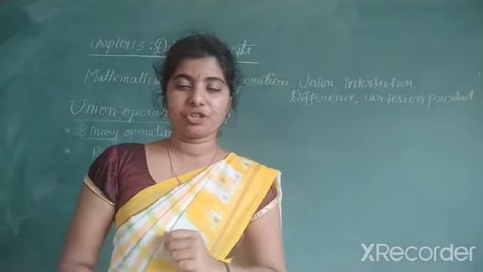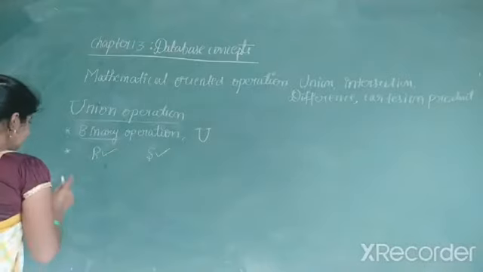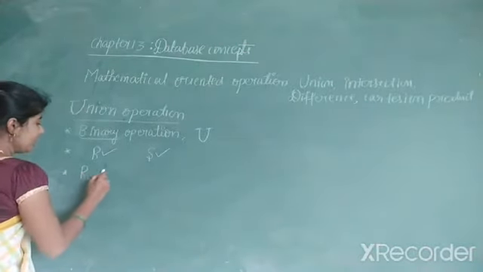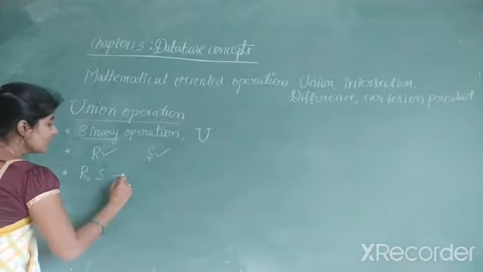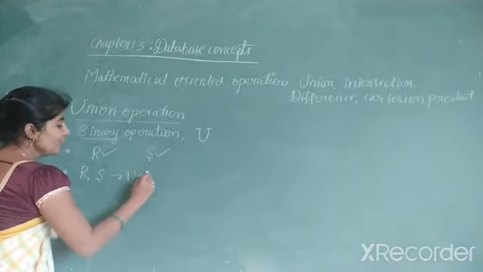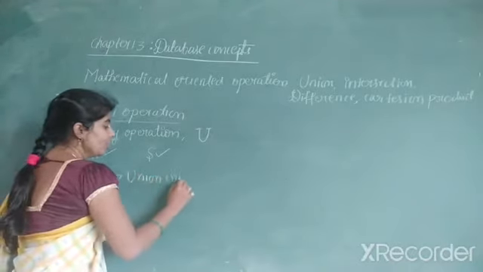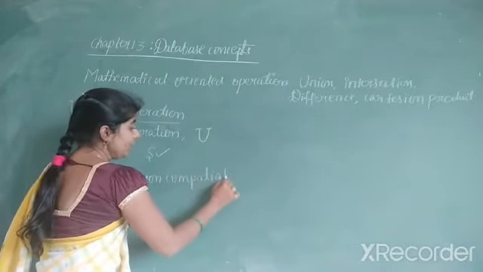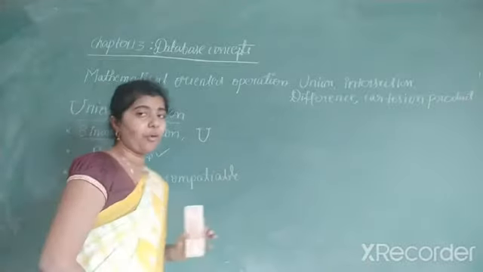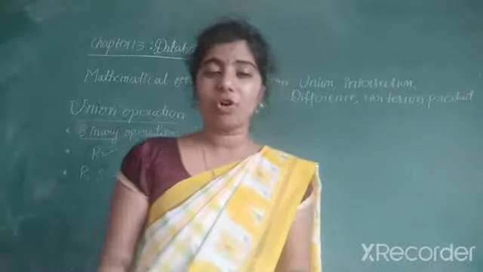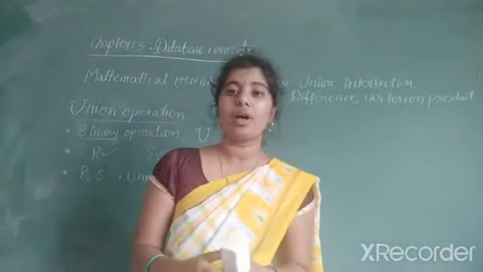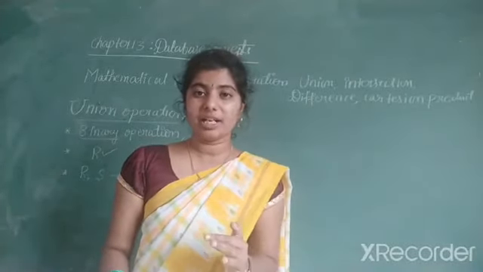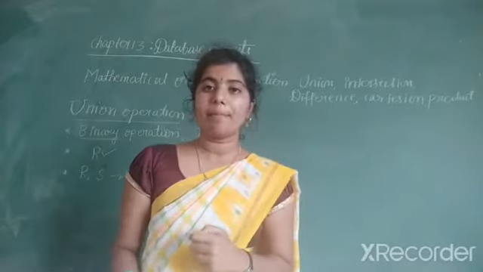That is the definition. And when you consider the third point, if you want to perform a union operation between R and S, these two relations must be union compatible. To perform a union operation, or any intersection operation, the relations A and B must be union compatible.